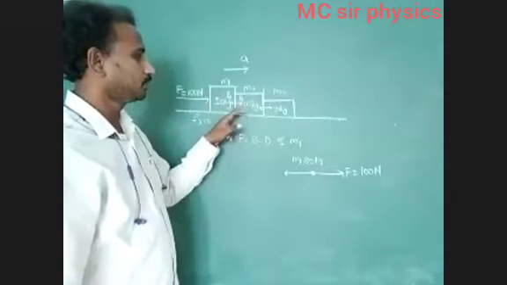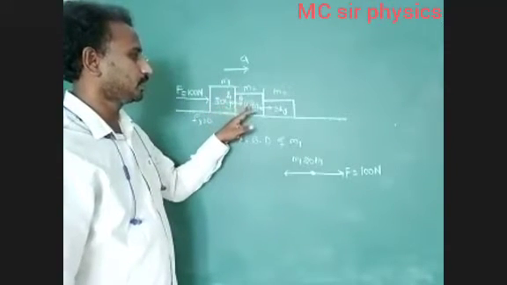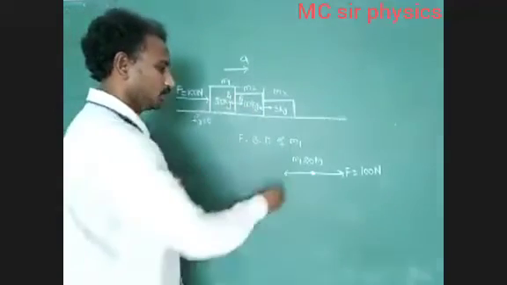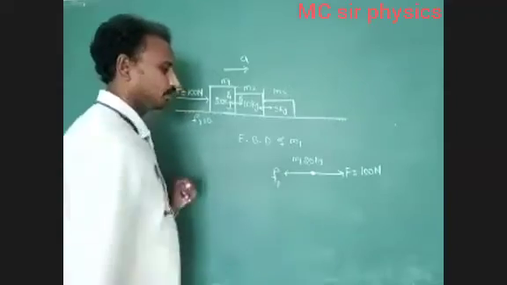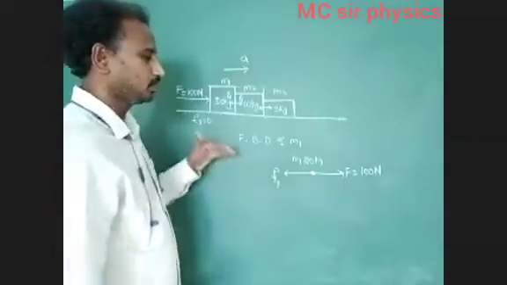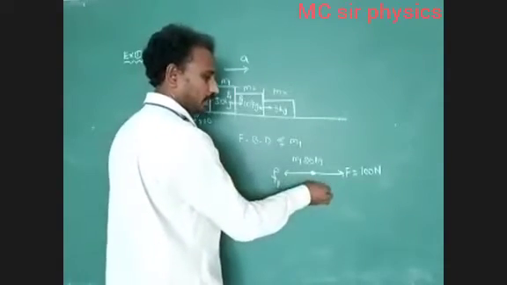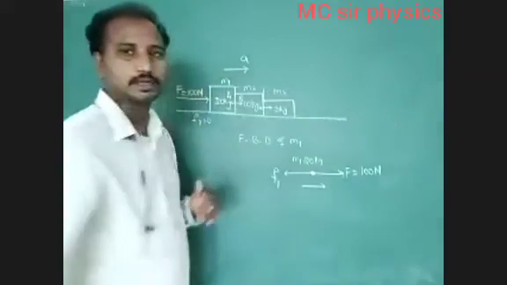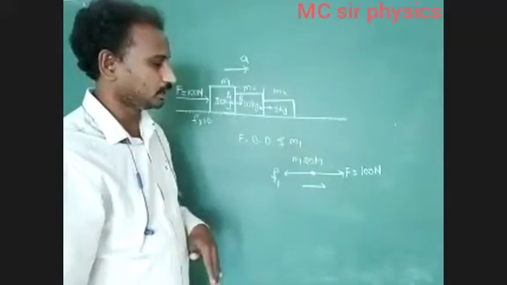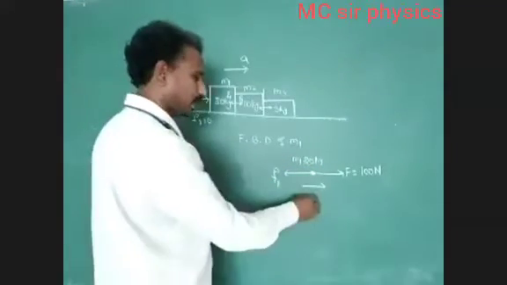Identify this point: the force applied by the 10 kg body on M1 is F1. F is more than F1, because of that reason the body accelerates in the forward direction. What is the acceleration?